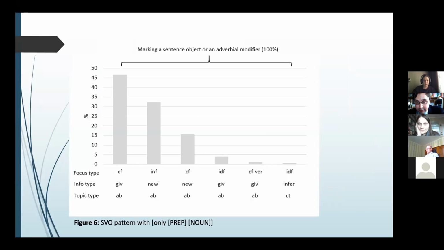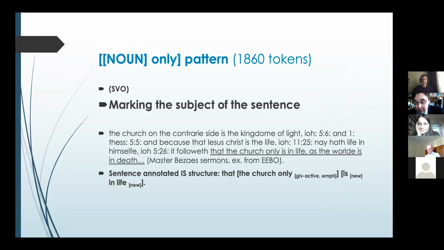Okay. So I will proceed with the noun plus only pattern. Basically, the analysis shows that when marking the sentence subject, the adverb only highlights NPs that render given active information and emphatic focus, in 73.7% of instances.